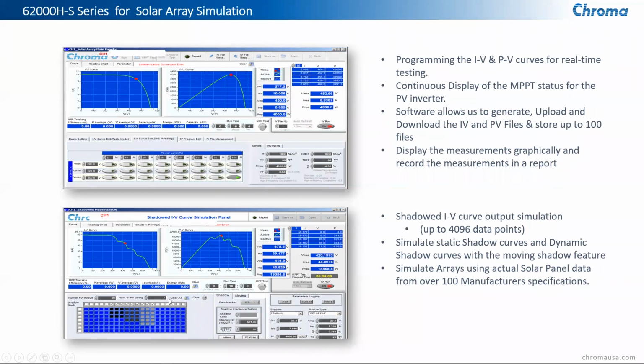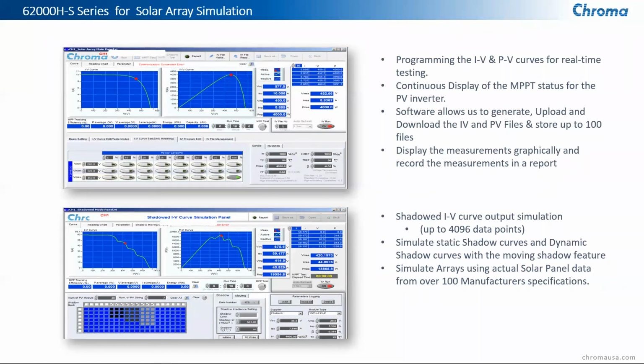We have the ability to define an actual array by the number of different panels that would be in parallel and in series to create various voltages and power levels. We also have the ability to create curves at different levels of shadow irradiation levels. So you can type in or input that data as well.